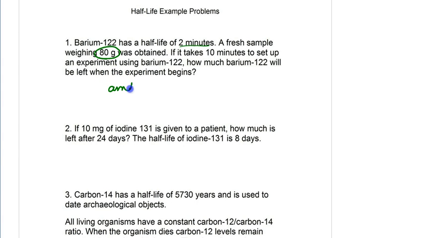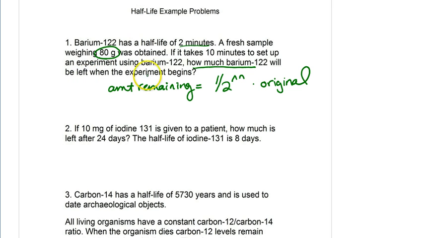So let's write the equation. Amount remaining is equal to 1/2 raised to the n multiplied by your original. And let's think about what we're solving for. We want to know how much will be left when the experiment begins. So we want to figure out our amount remaining. So we need to then figure out what our n is and the original.